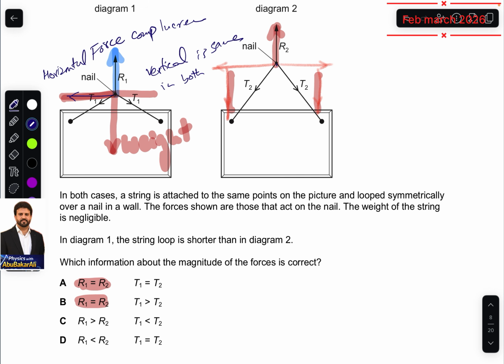So T will be more, so it will be option B, that is correct.